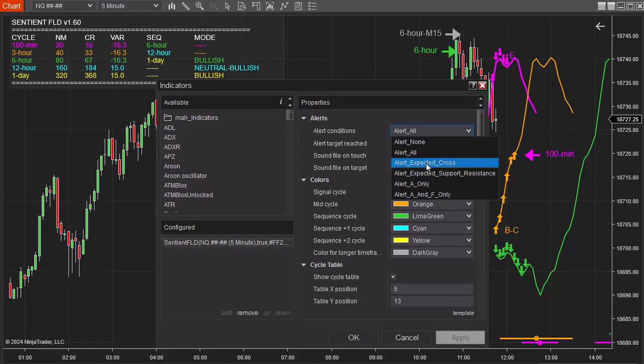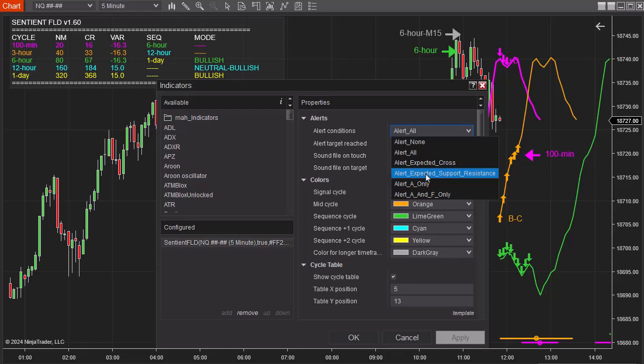In other words, we're expecting price to cross the FLD, an interaction with the FLD at an acceleration point, when we are expecting price to cross that FLD, travel further, and reach a target. On the other hand, you could choose to only be alerted when the indicator is expecting the FLD to provide either support or resistance.